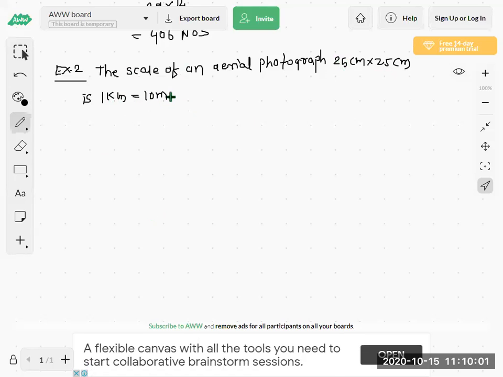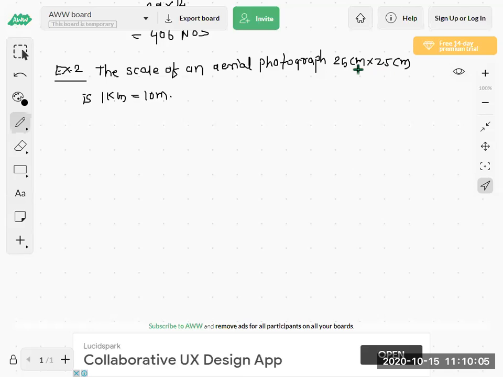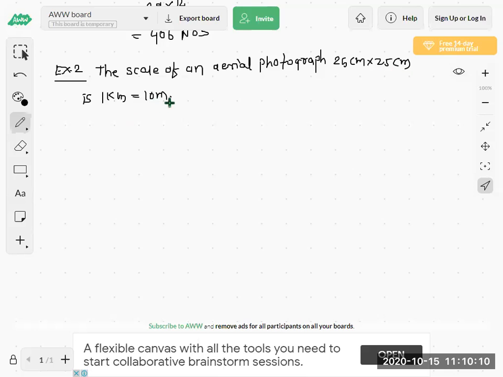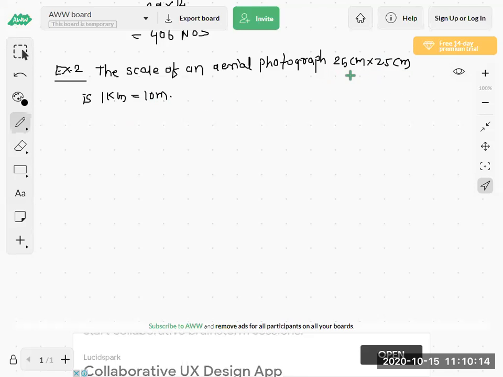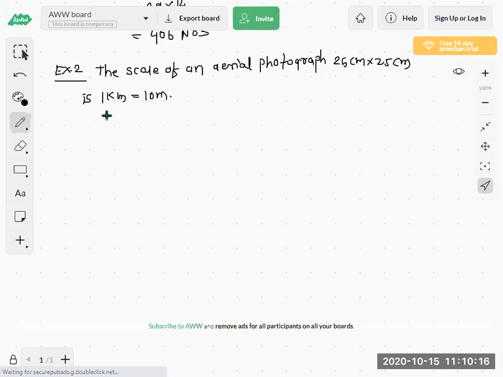The scale of an aerial photograph 25 centimeter by 25 centimeter is 1 kilometer is equal to 10 meter. This is the size of photograph they have given: 25 centimeter by 25 centimeter is the size of photograph.